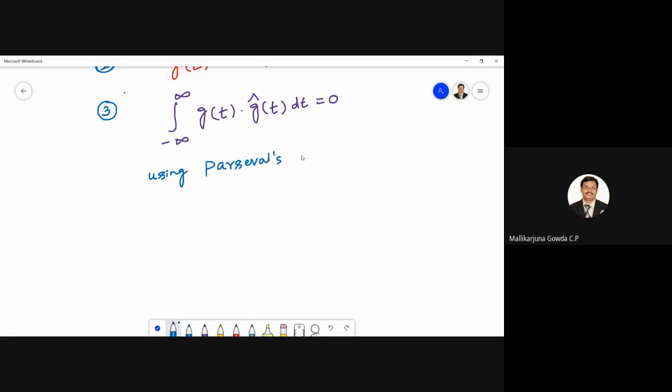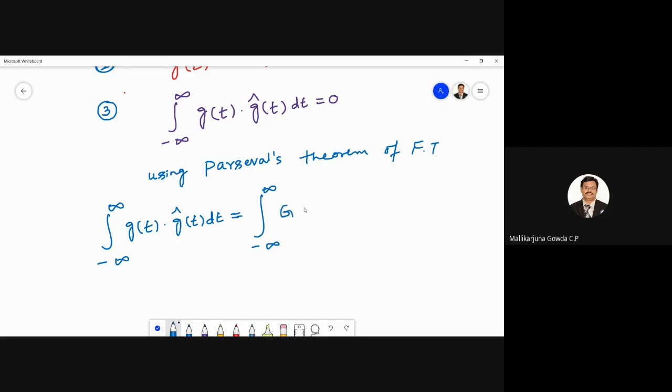Using Parseval's theorem of the Fourier transform, I think I can write the integral from minus infinity to infinity of g(t) into g-hat(t) dt as the integral from minus infinity to infinity of G(f), the Fourier transform of g(t), into the Fourier transform of g-hat(t), which is minus j sgn(f) G(f).